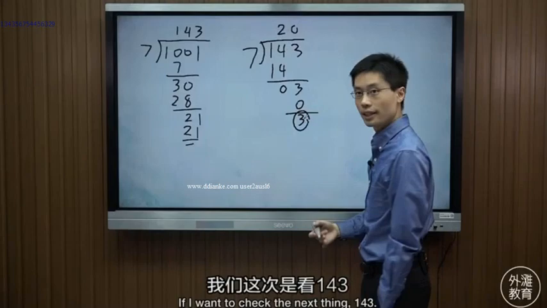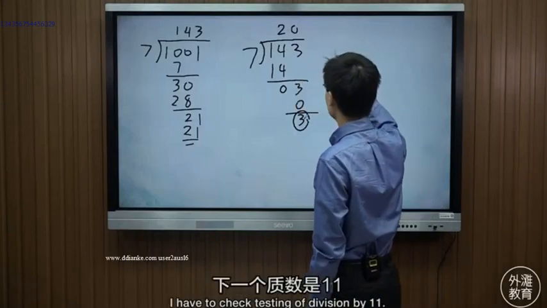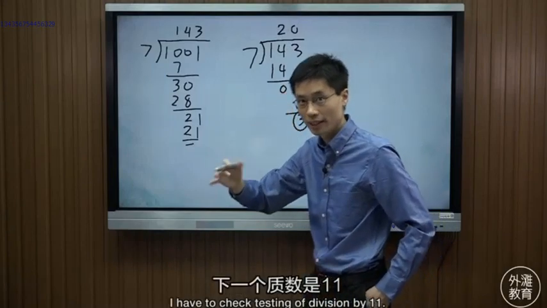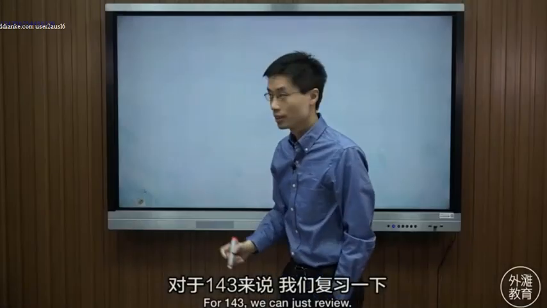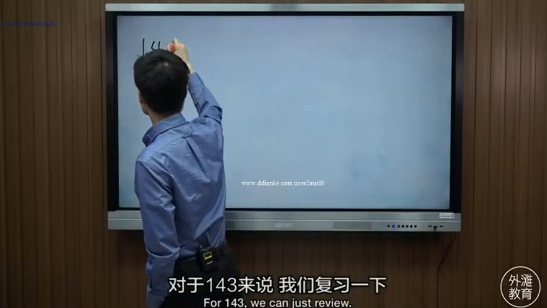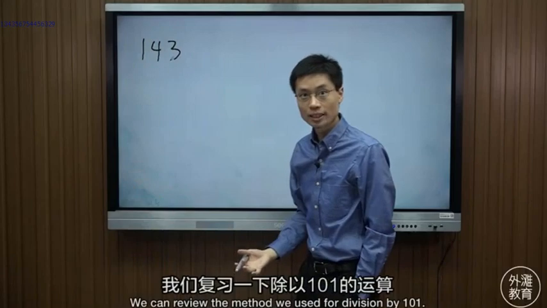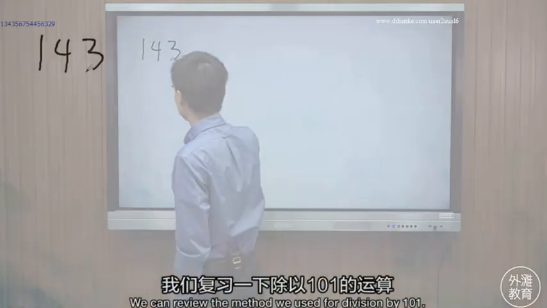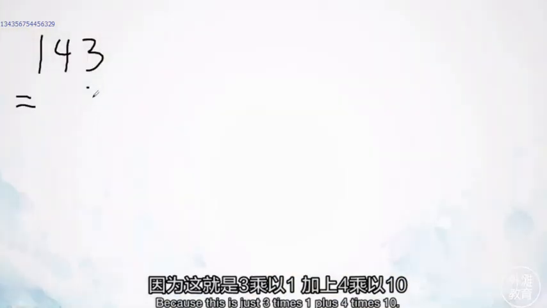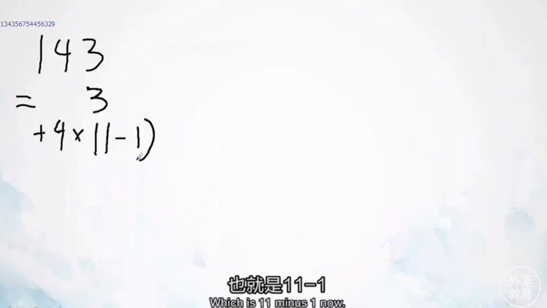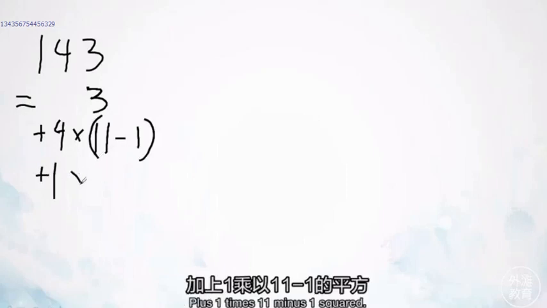If I want to check the next thing, I have to test whether 143 is divisible by 11. For 143, we can review the method we used for division by 101, because this is just 3 times 1 plus 4 times 10, which is 11 minus 1, plus 1 times 11 minus 1 squared.